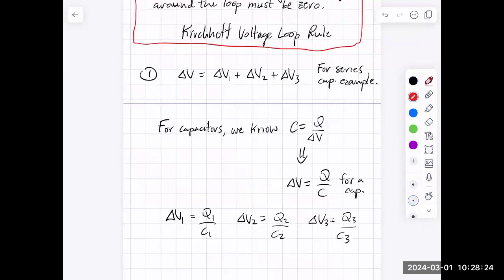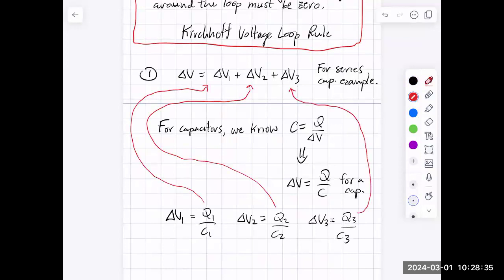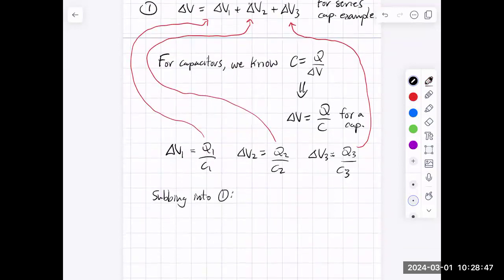And all we'll do is we'll make the substitutions and we'll put in these expressions for our capacitor voltages. So subbing into 1, we would get delta V is equal to Q1 over C1 plus Q2 over C2 plus Q3 over C3.